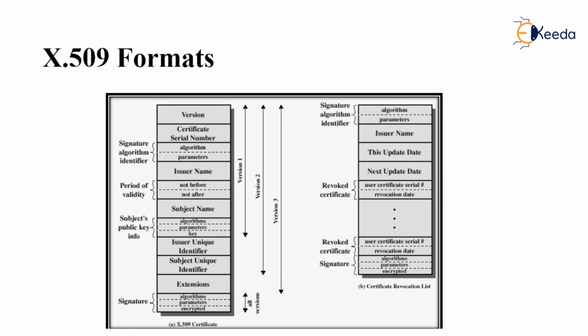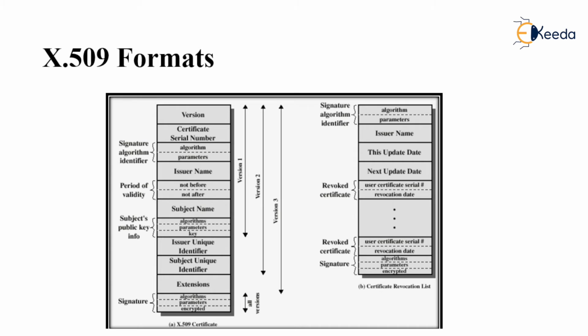This is the format of X.509, wherein you can see the version, the certificate serial number, the algorithm parameters, the issuer's name, the validity period, the subject name, the extensions, the issuer and subject unique identifiers, and then at the end the signature, which together is called the X.509 certificate.